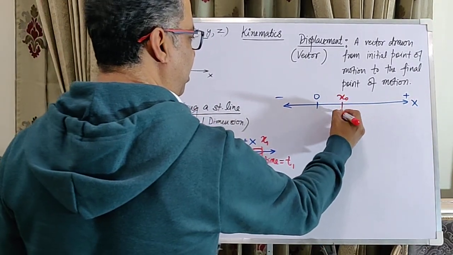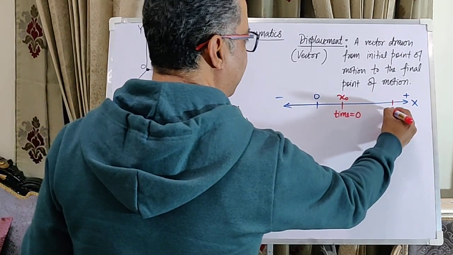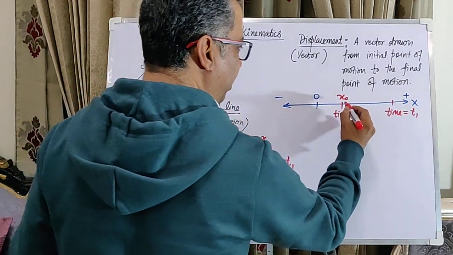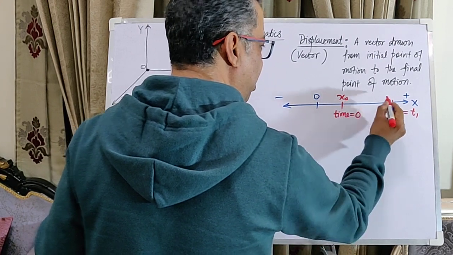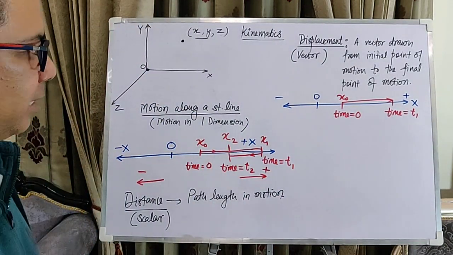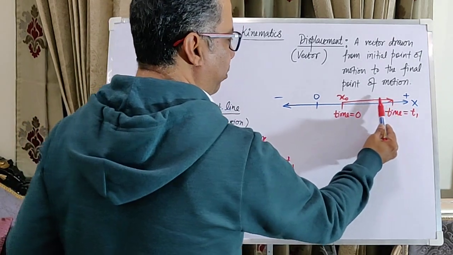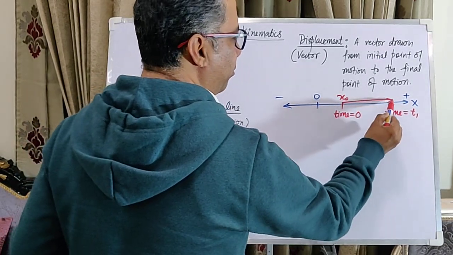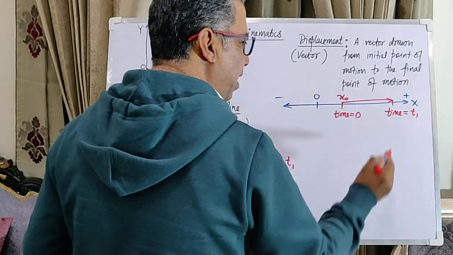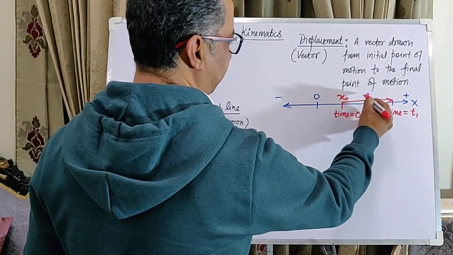The particle was seen here at time equal to 0, and then at time equal to t1, the particle was seen here. We draw a vector from this point all the way up to this point, and this vector represents displacement. Now the length of this vector represents its magnitude, and the arrow represents direction. And since this particular displacement is in positive direction of x-axis, it is a positive displacement s.